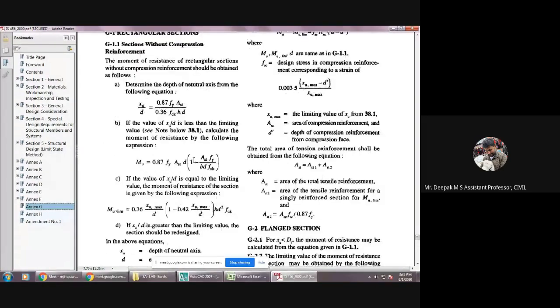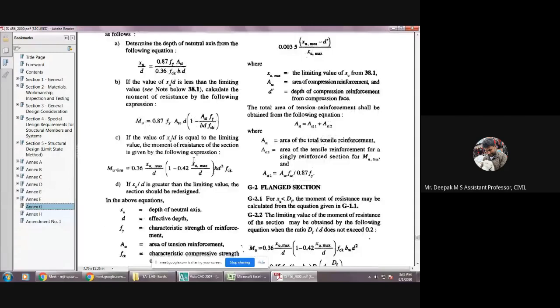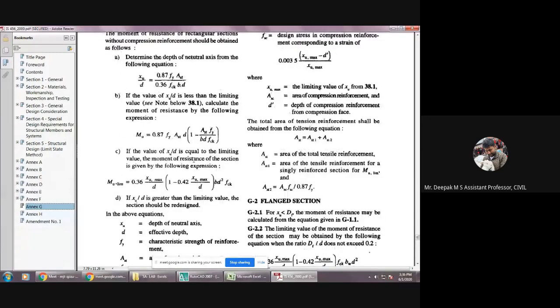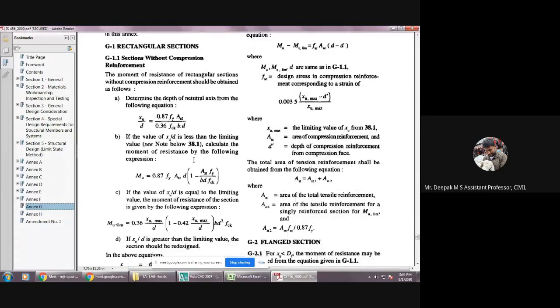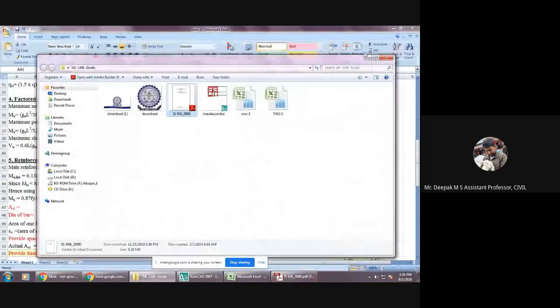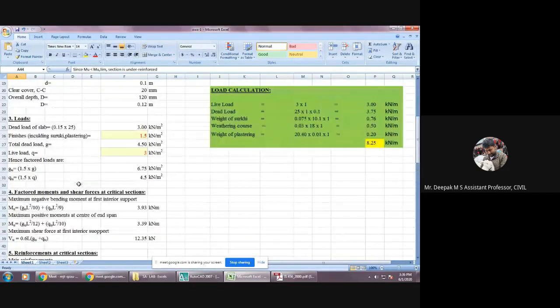In order to check whether it is an under reinforced section, we are using the formulas applicable here, the Mu limit formulas, right? First we are checking what the Mu limit is and what the maximum Mu is. Mu should be within the Mu limit value.